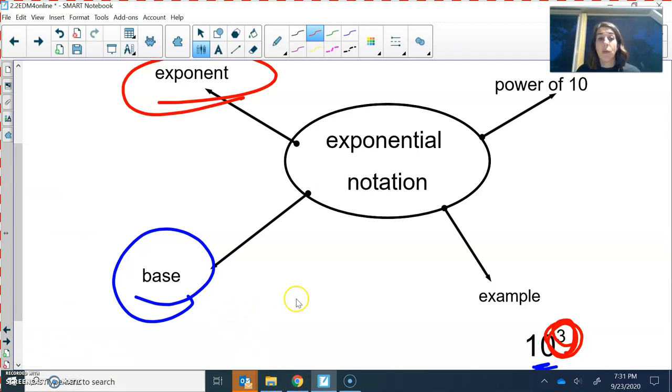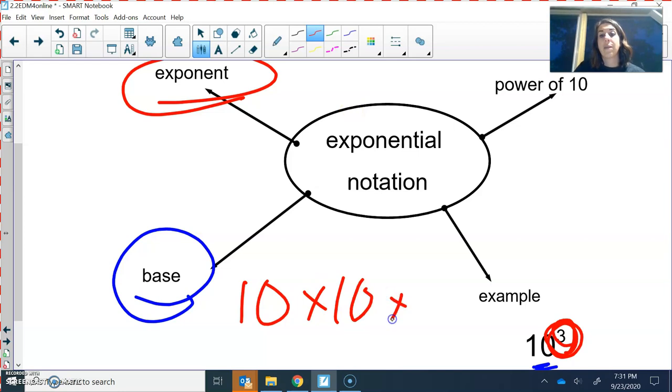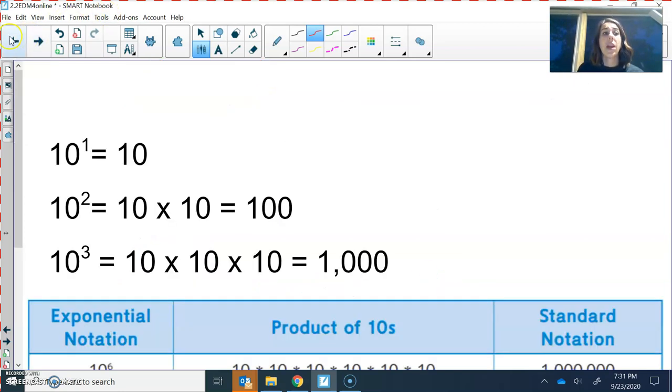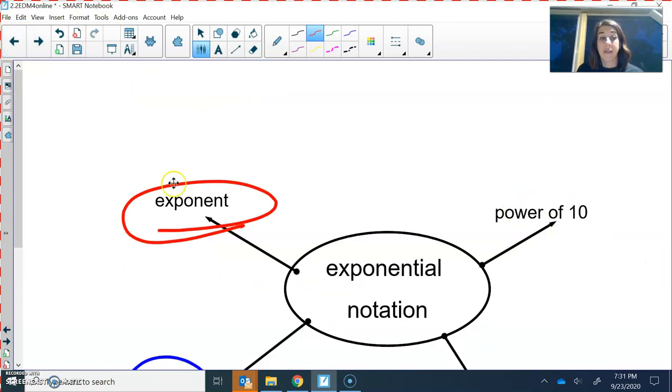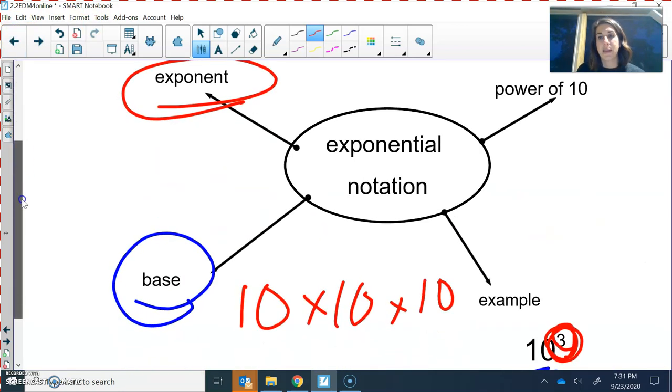So in this example, with 10 as our base, we know that the number 10 is going to be multiplied 3 times. So it's going to be 10 times 10 times 10. That is also a power of 10 because it has 10 as a base. That was something Mrs. Bieber forgot to mention.